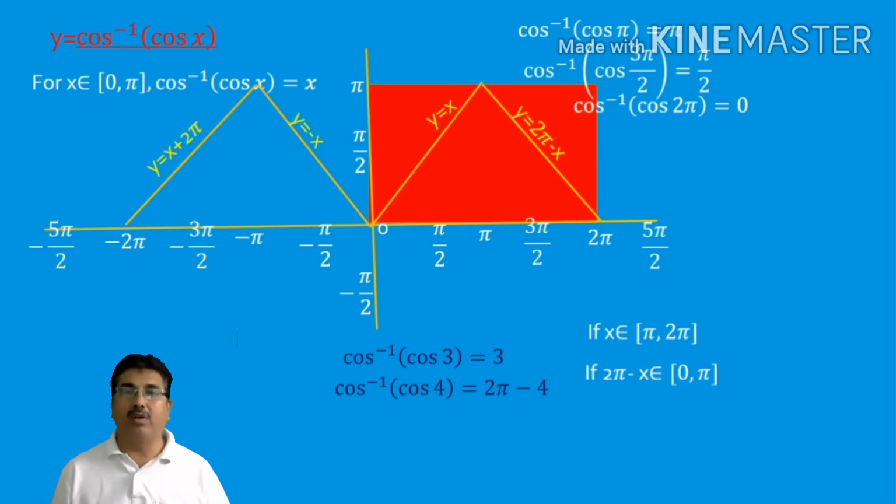Here, 4 is greater than pi. The image of 4 lies on the line y is equal to 2 pi minus x. Therefore, cos inverse of cos 4 is equal to 2 pi minus 4. Similarly, cos inverse of cos 5 is equal to 2 pi minus 5.